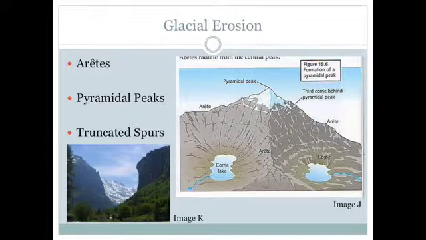This is when three or more corries are on a side, creating a sort of pyramid-looking peak. Lastly, truncated spurs are also a sign of glacial erosion. They are similar to a hanging valley, but the glacier has worn away the edges and created a sharp ending to the spurs.